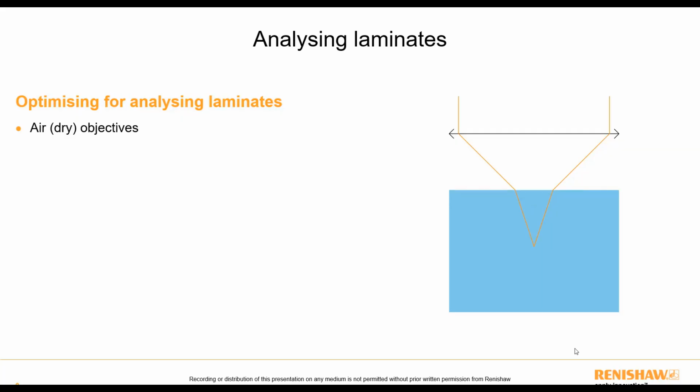So as we move our sample up, you can see that even though we've only moved the sample a distance of x, we're now actually analysing, because of the refraction, a depth of nx, where n's the refractive index. So you can see as you go deeper into the material, it becomes harder to understand how thick that layer would be, because it's harder to understand where we're actually analysing inside the material.